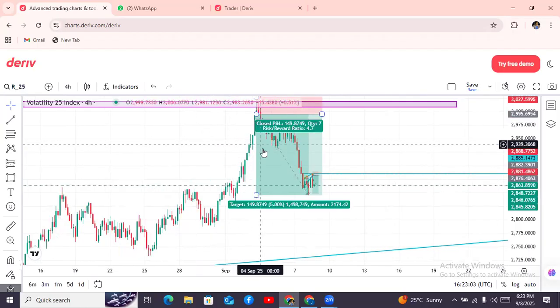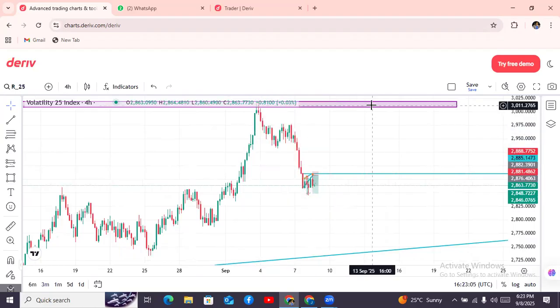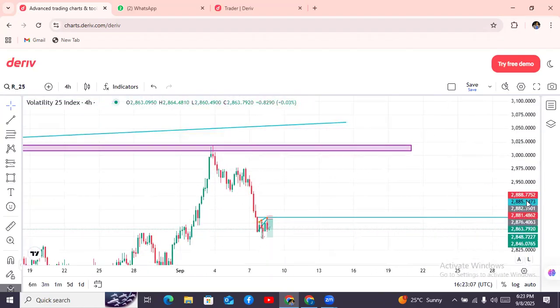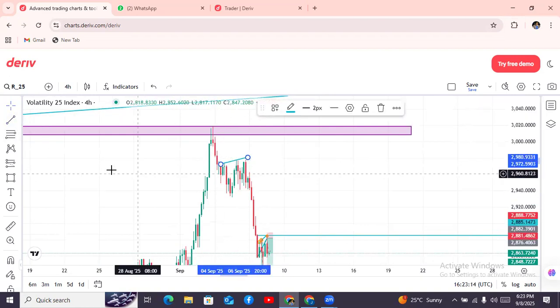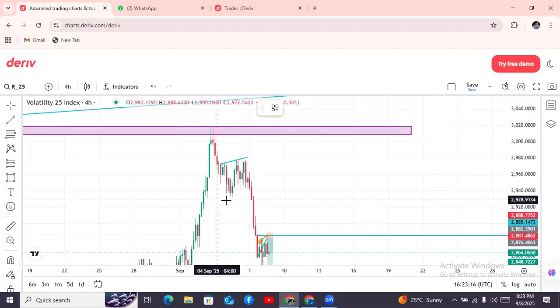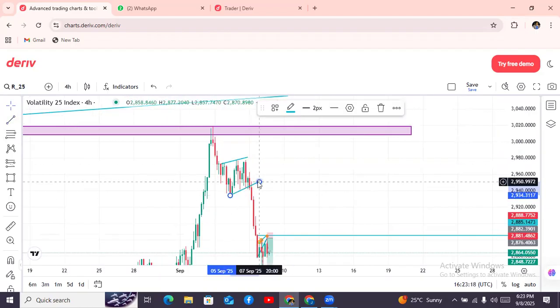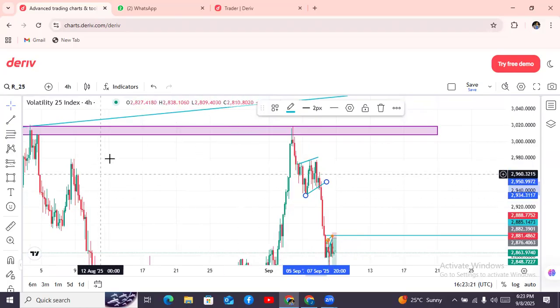All right. Had we not seen that, because we didn't, then we would have seen an insurance entry where we have our bearish flag. Very beautiful.